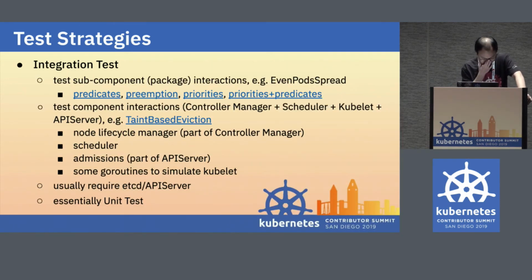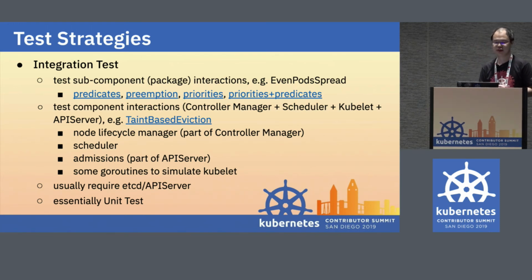The next thing is integration tests. I will be very quick. Integration tests in Kubernetes are built to test different sub-components of your feature. In this case, for example, in the scheduler, we have different phases like predicates, preemption, priority. So it can test the individual sub-component as well as the combination of different sub-components.